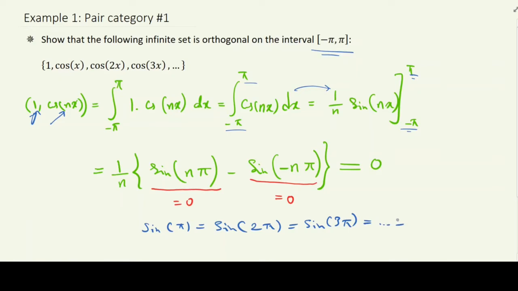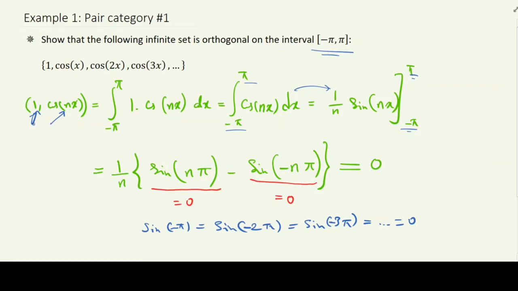All of them are going to be zeros. And similarly, minus 1 times each of these arguments is going to have the same results, meaning that sine of minus pi is going to be 0, sine minus 2 pi is going to be 0 too, sine minus 3 pi is going to be 0 as well. So at the end, we're going to get a 0 for this whole inner product.